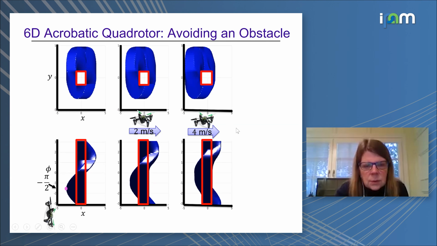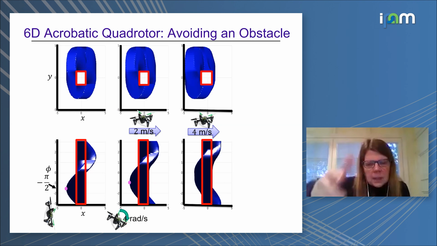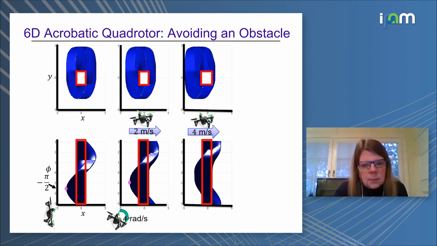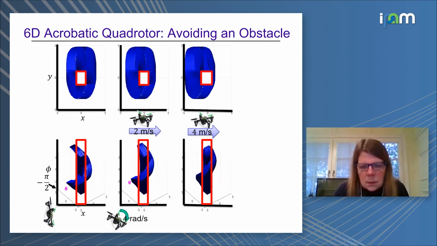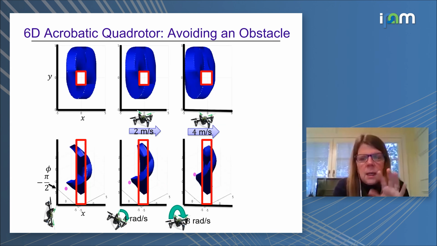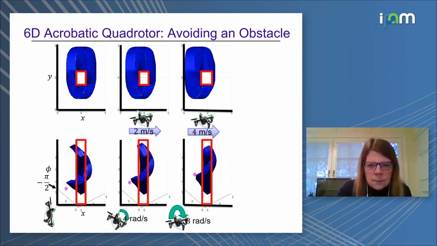Okay, so here's just a visualization. The angle of rotation is described along the phi axis. And sorry, let's just go back. So we can basically compute that set and then visualize that set in terms of its projections.